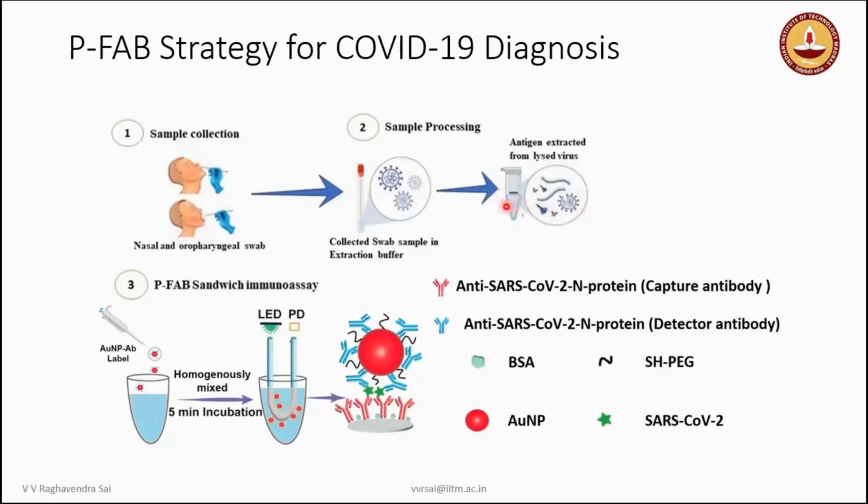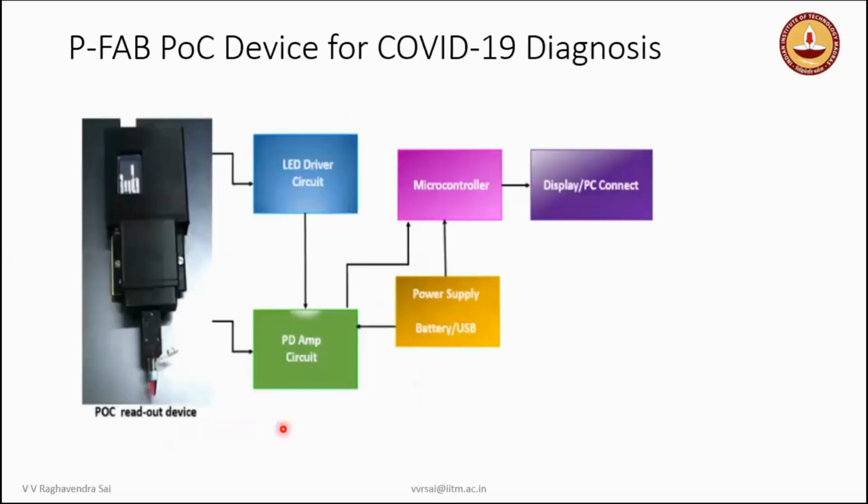Just take 50 microliters or 25 microliters of this extract, and then add another 25 microliters of this label, mix it and then incubate it for 5 minutes, and dip the probes, and you have the assay going. So for a change, we have developed a point of care device, a handheld device with an independent display.